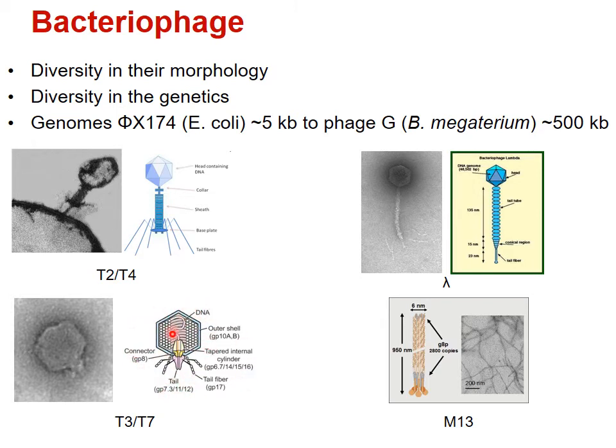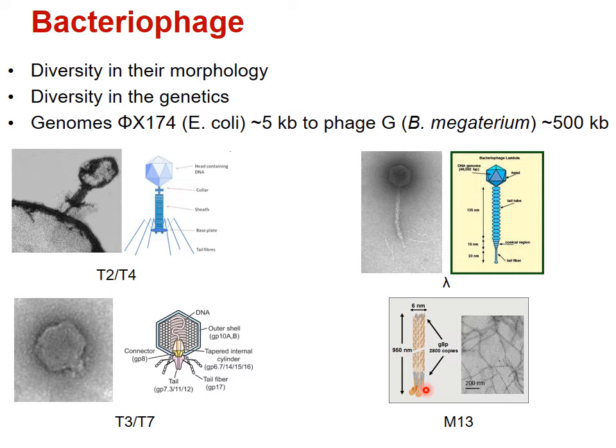These kill bacteria very rapidly. They have a very quick life cycle. And then there are some filamentous bacteriophage. We'll use one of these, M13. There's also one called fd, and there are others that recognize bacteria and infect them.